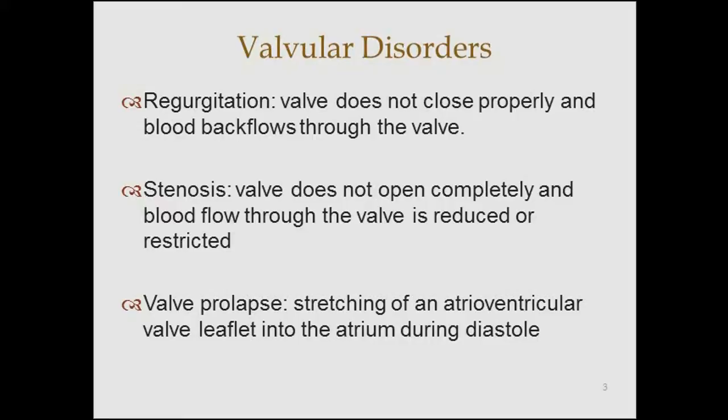That should be systole, not diastole on your slide. So it's just a little bit of a stretch, a little bit of a give, okay? Typically, the mitral valve is what's involved with valvular prolapse. So the stretch would be back into the left atrium from the left ventricle during systole.